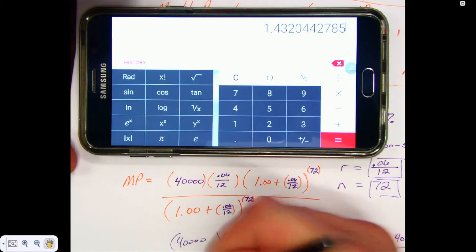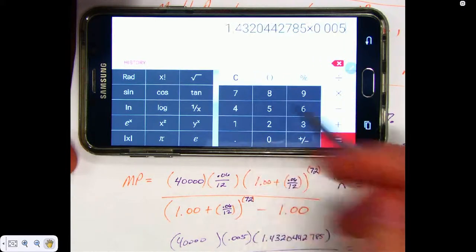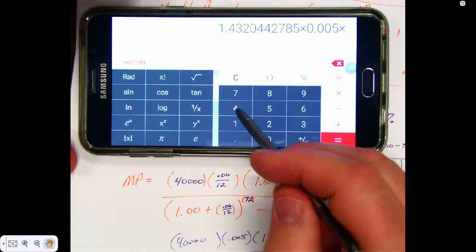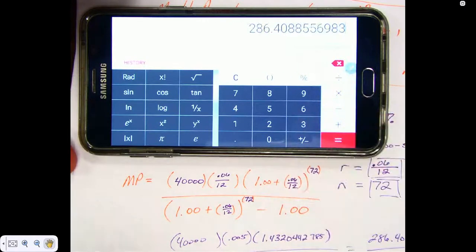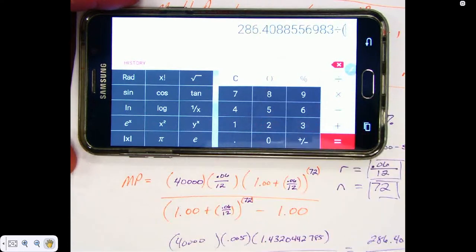Then I would say times 0.005 times 40,000 equals that. Okay, then divide it by. Now you got to use parentheses here.